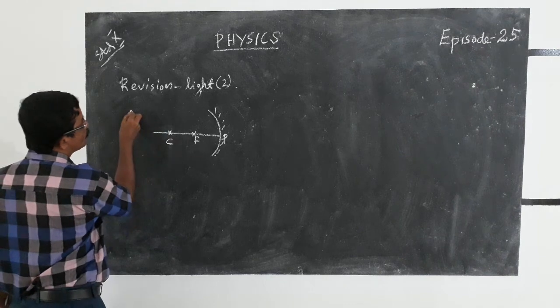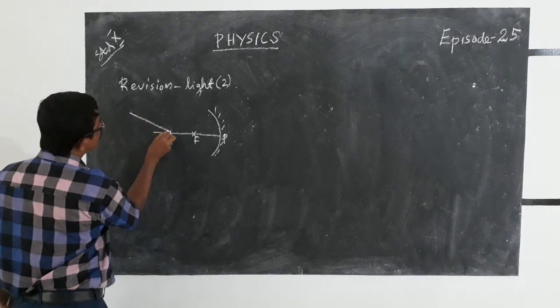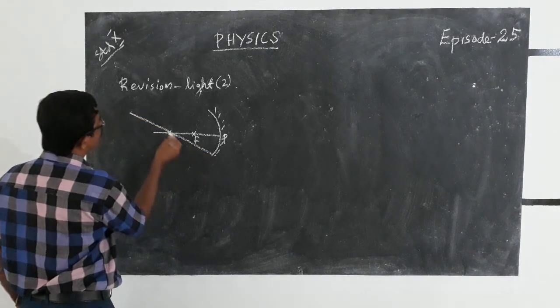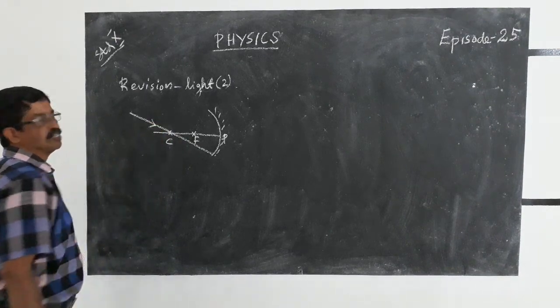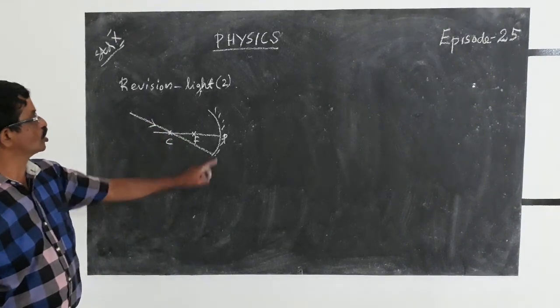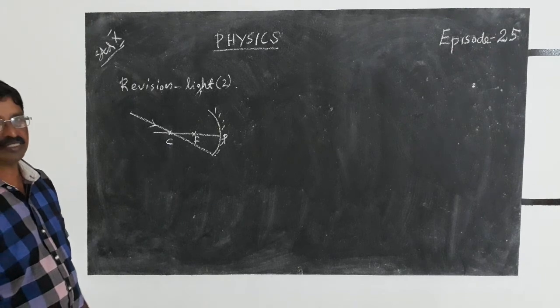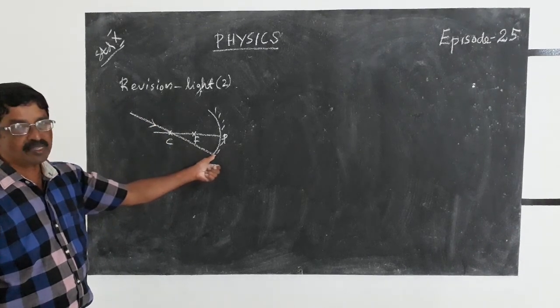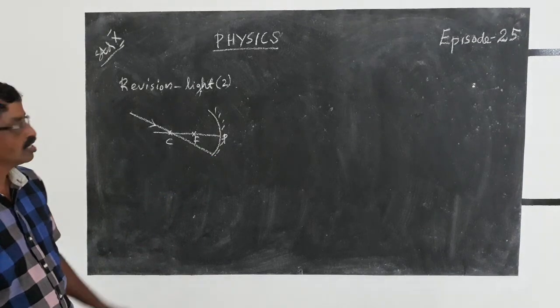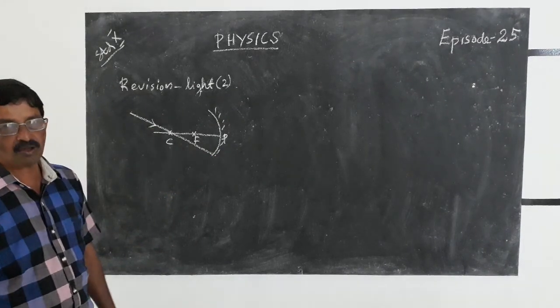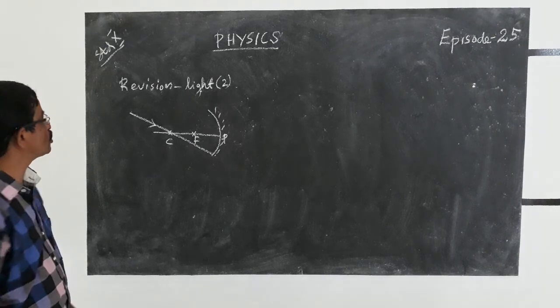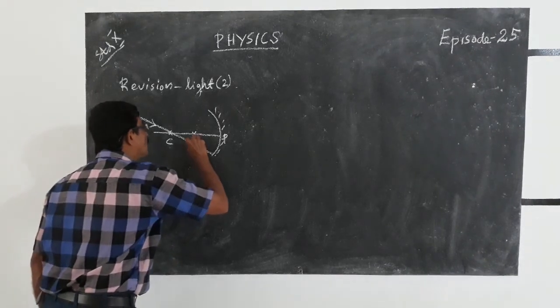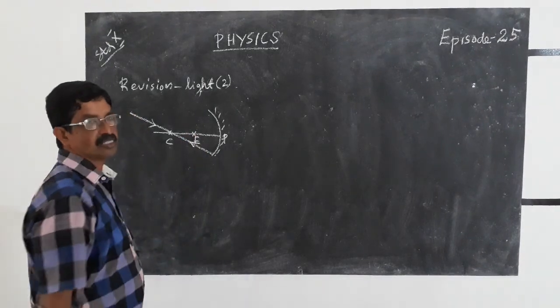Now see what happens to a ray which passes through the center of curvature and is incident on the mirror. This ray is incident on the mirror normally, or perpendicular, so it is reflected back along the same path.